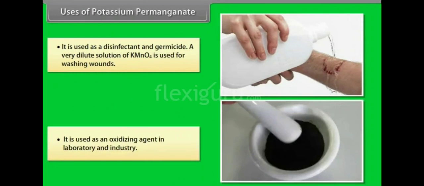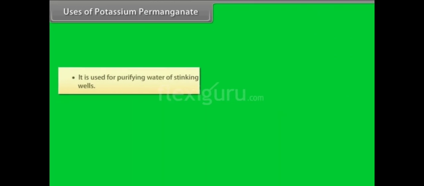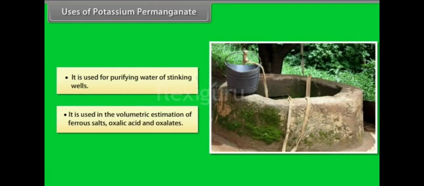A very dilute solution of potassium permanganate is used for washing wounds. It is used as an oxidizing agent in laboratory and industry. It is used for purifying water of stinking wells. Then it is used in the volumetric estimation of ferrous salt, oxalic acid and oxalate.